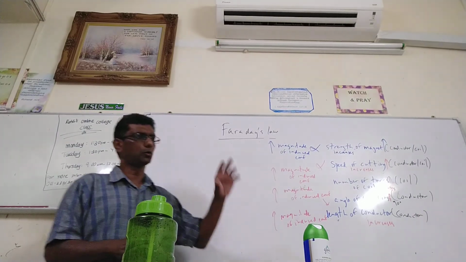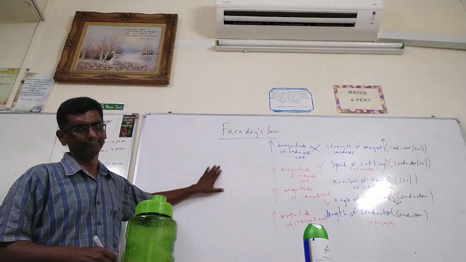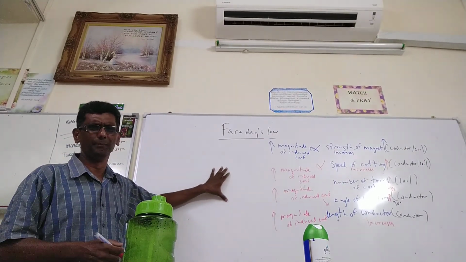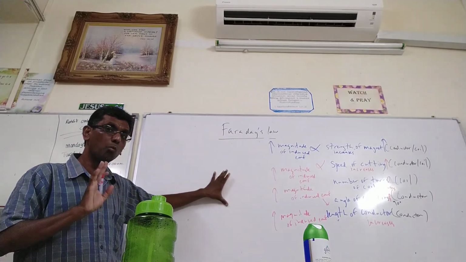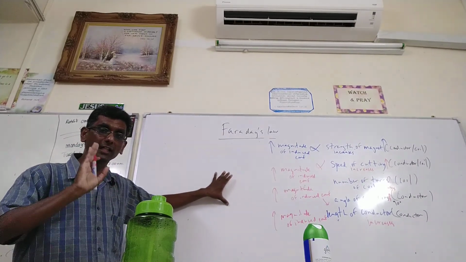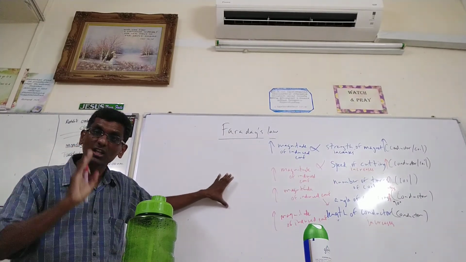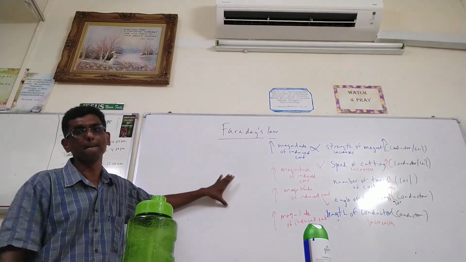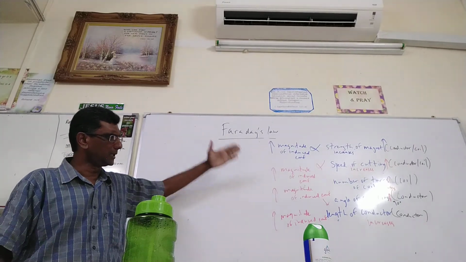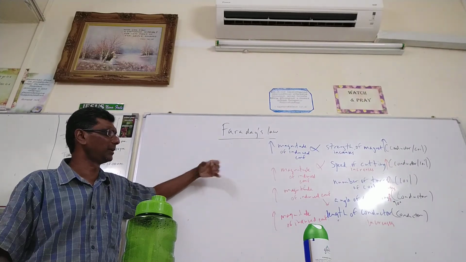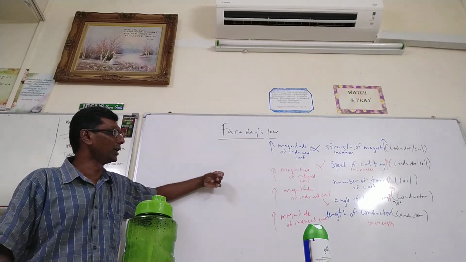So today, Faraday's law. Faraday's law is a bit easy, but more questions can be asked in Faraday's law, in paper 1, paper 2, and paper 3. But these are 5 factors. Besides this, there's a factor like the thickness of the wire.